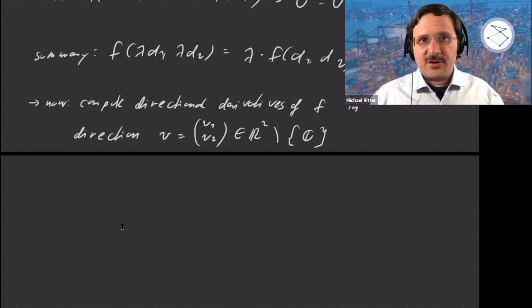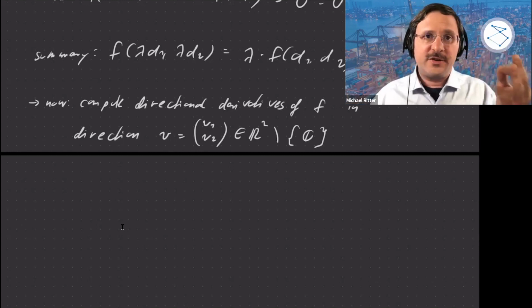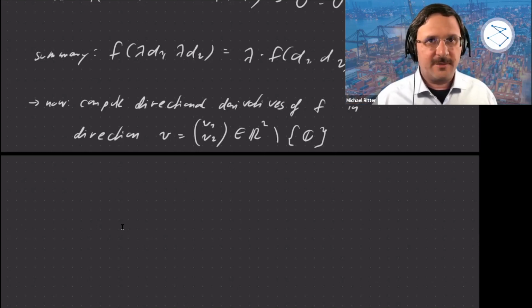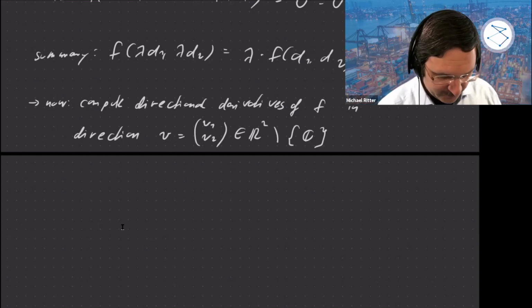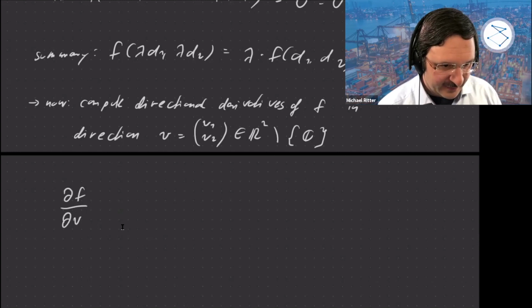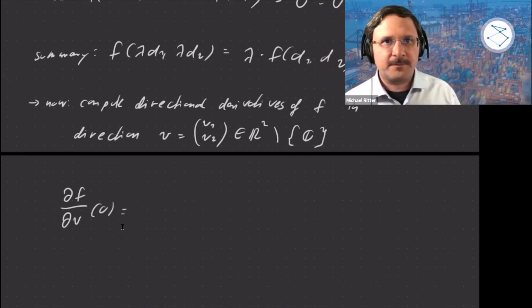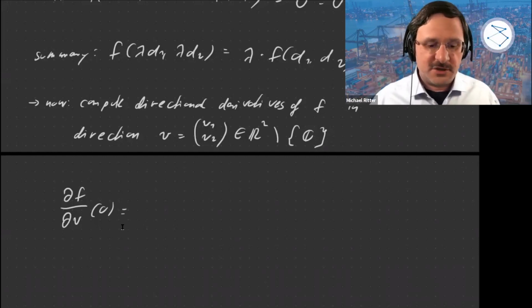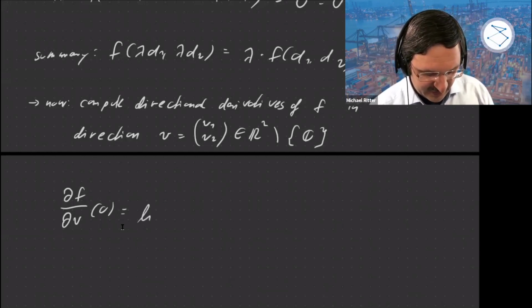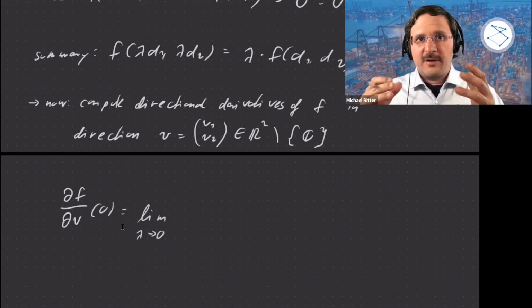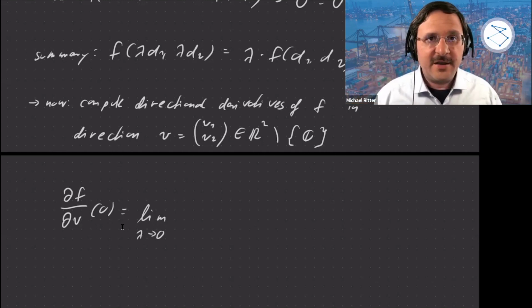Okay, we want to compute the directional derivative. Again, we are interested in the origin, and that corresponds to the directional derivative at 0. So we're computing df dv at the point 0. We know how f behaves along a line, so we can just say, well, this is the limit of lambda to 0. And then we just need to consider that function f restricted to the line in direction v.